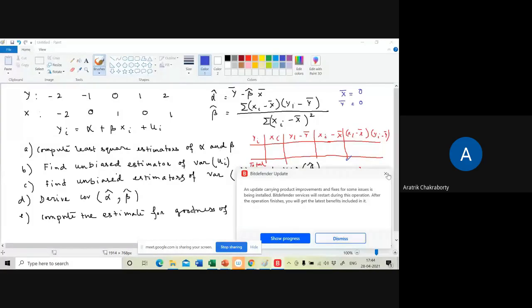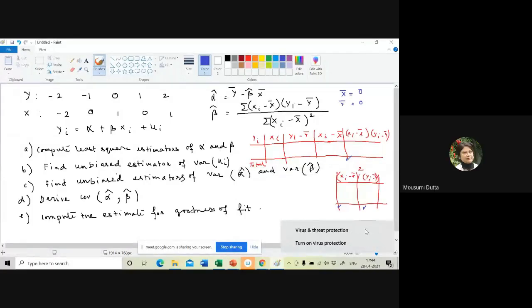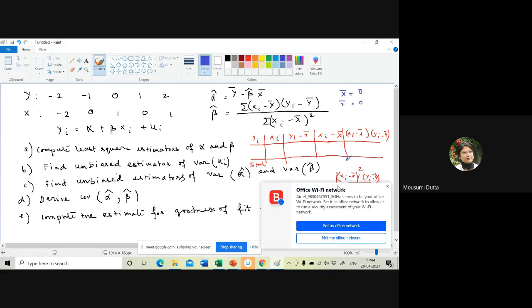Aren't both 6, the numerator and denominator? Yes, ma'am. Summation (xi minus x bar)(yi minus y bar) is 6. And the whole square? First whole square is 6, and the second one? 10. Okay, so now find out the value of alpha hat, everything. First find out the value of beta hat.